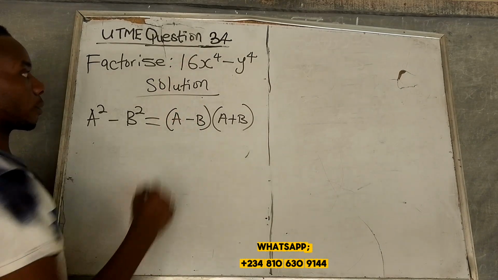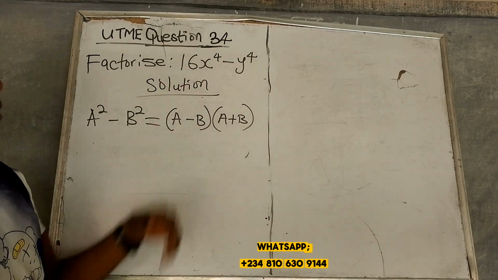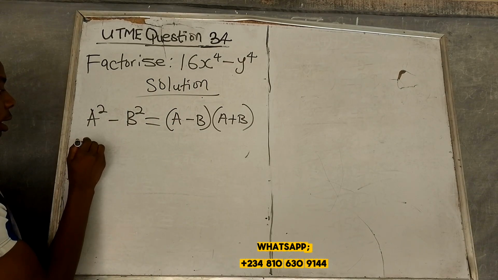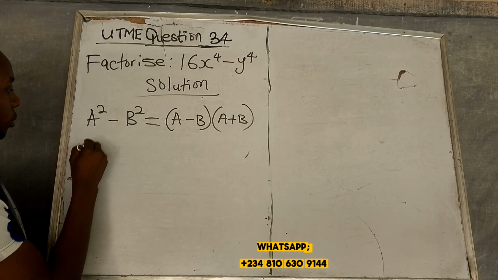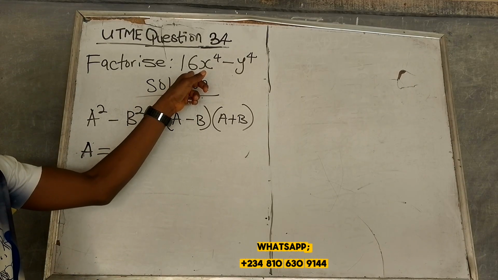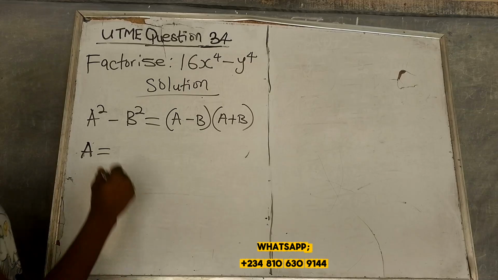Now, what is the square root of 16? Since this a is the first one, I'll say that a is equal to the square root of 16, which is 4.